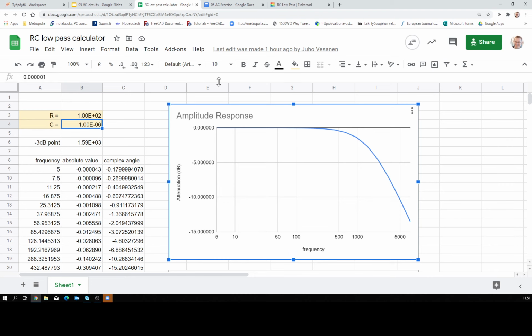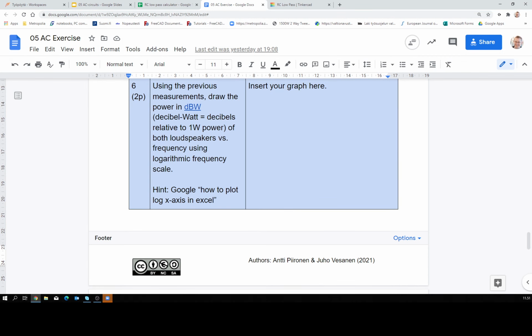There's another hint: Google how to plot a log x-axis in Excel or whatever other tool you are using.